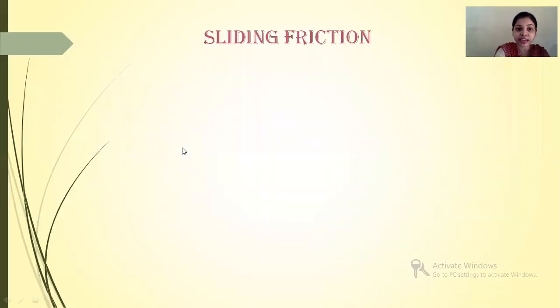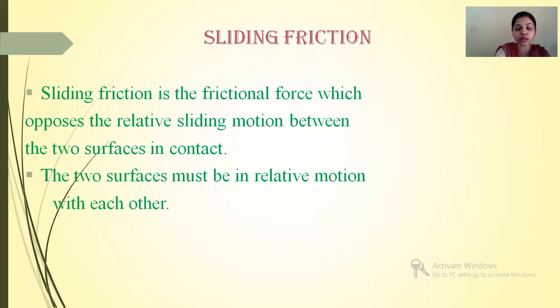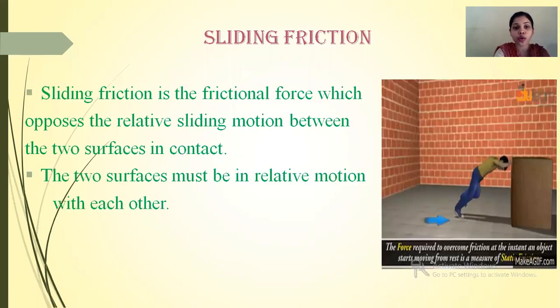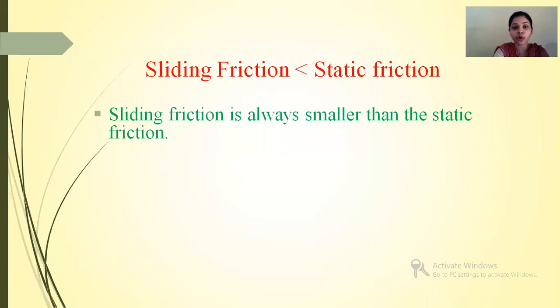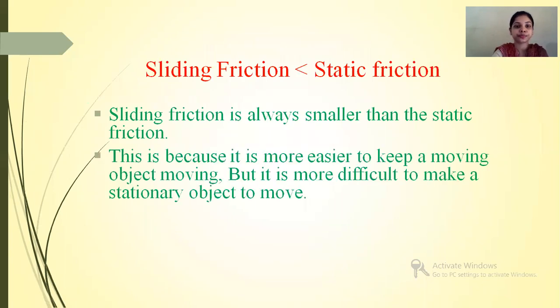Sliding friction is also called kinetic friction. Why is it called kinetic friction? Because the object is already in motion. As I already said, it is easy to give motion to the moving object, but it is difficult to move the stationary object.